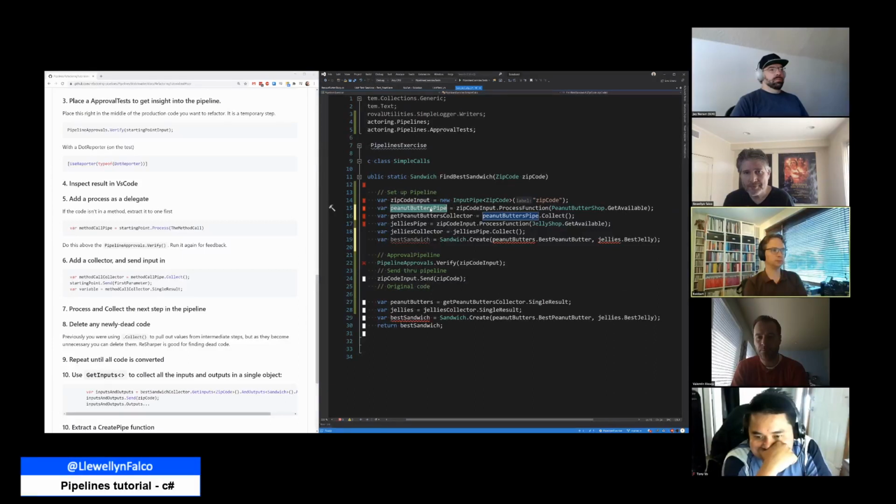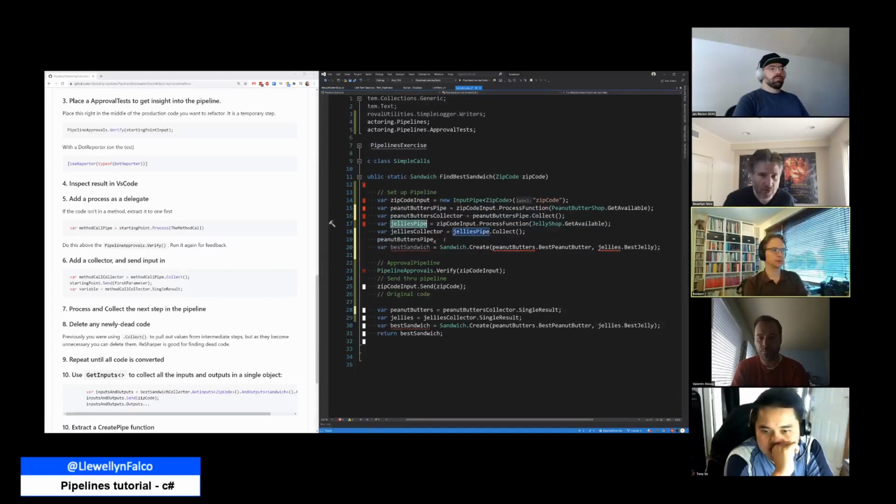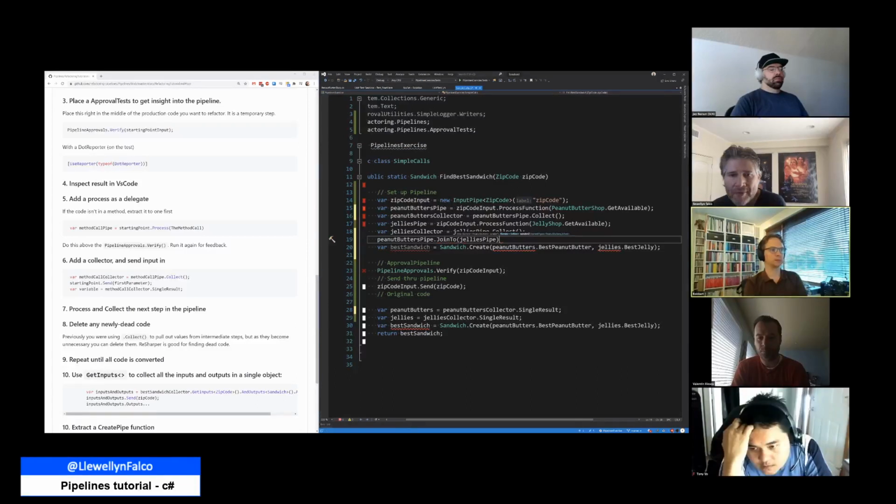How do we call combine? Dot combine, and then the jelly pipe. Okay. And then hold on to that pipe. What would be a good name for that pipe? Peanut butter and jelly pipe. Good.